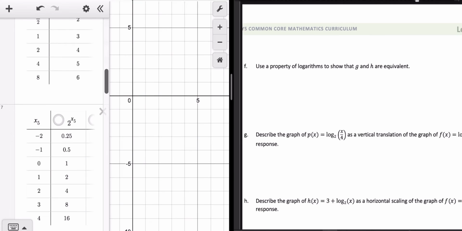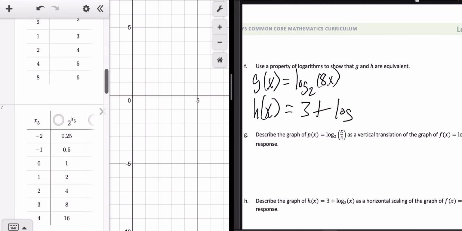Let's go back to our, sorry guys, trying to think of what our g of x was. g of x is equal to log base 2 of 8x. h of x is equal to 3 plus log 2 of x.